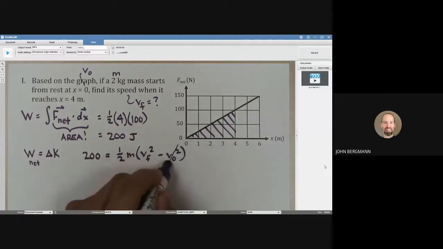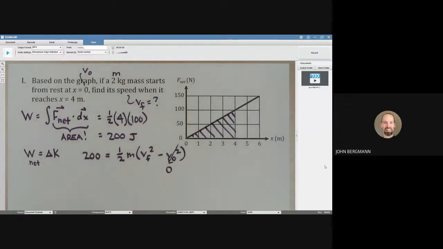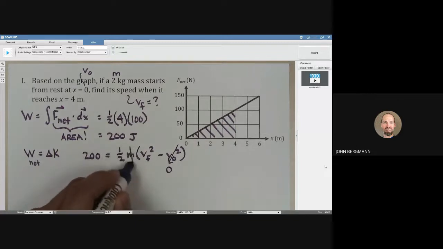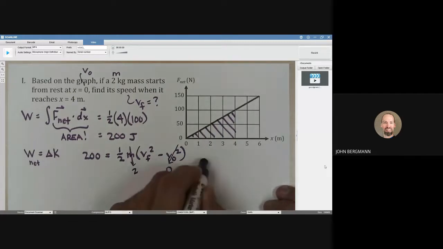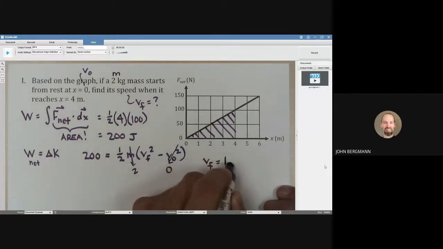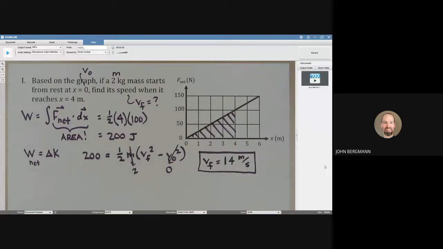V initial is given as 0, so we don't need to worry about that. The mass is given as 2. So what does that give us? That looks to me like VF is the square root of 200. Square root of 200 is roughly 14. That's how you do that one.